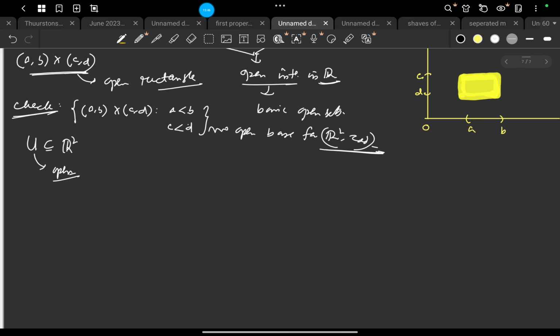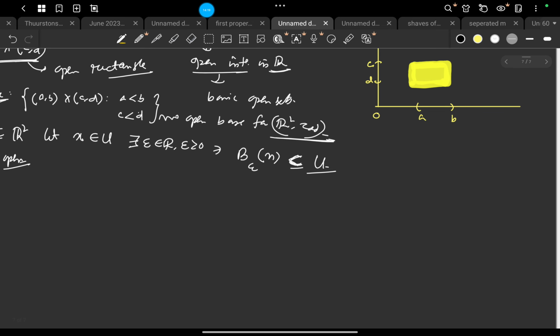Now let small x belonging to U be an element. So there exists epsilon, a real number larger than 0, such that B(x, epsilon) is strictly inside U.